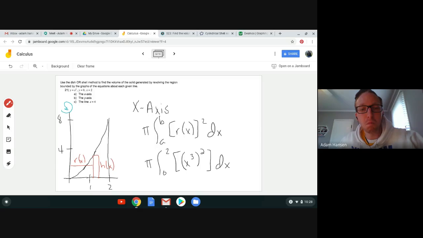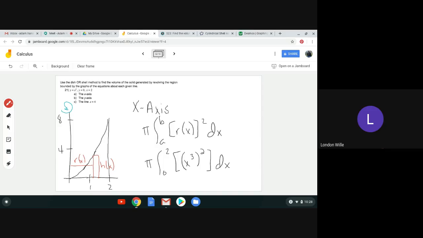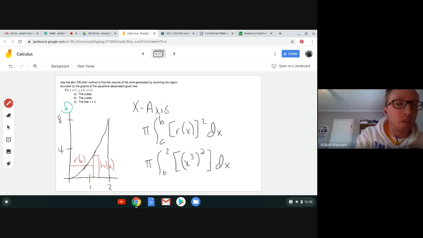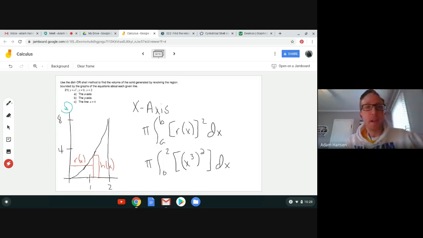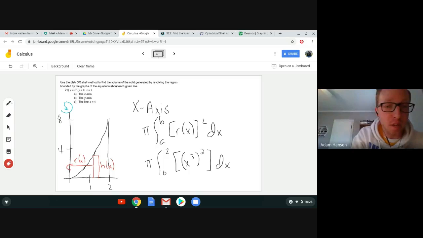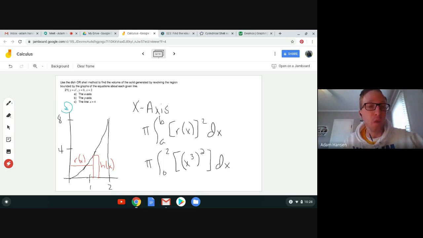Is the radius 2 minus x? That's going to come next. Well, it's going to be 4 minus x in part C, but the radius is just some distance over here on the left. If I was rotating around the line over here, then it would be like 4 minus x, 5 minus x, but this is just some x value varying between 0 and 2 for the definite integral for our radius.